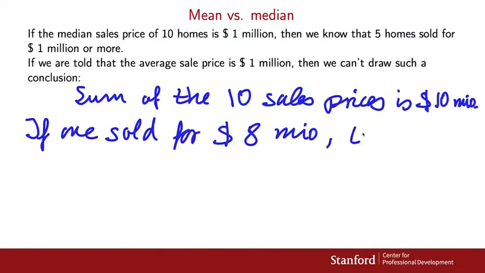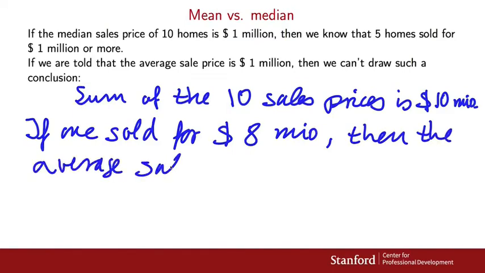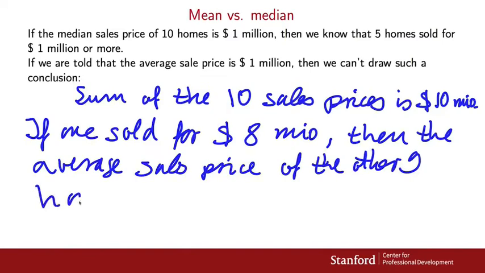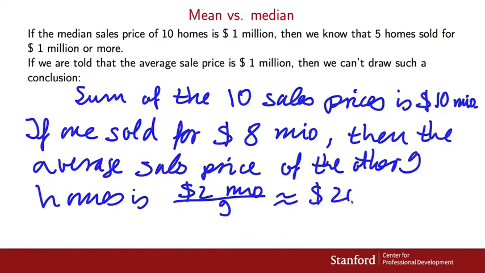Then we know that the total sales prices for the other 9 houses must be 2 million. The average sales price of the other 9 homes is those 2 million divided by 9, and that's about 200,000.